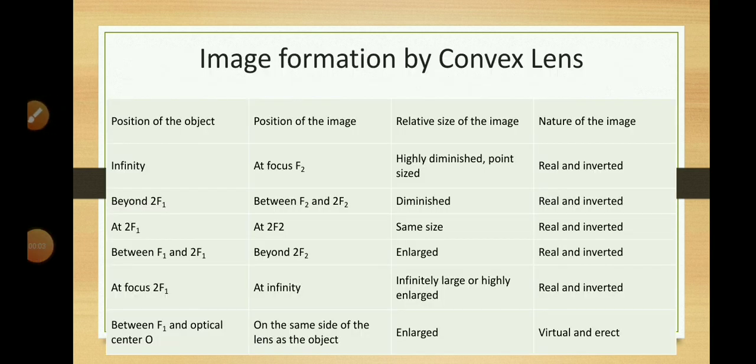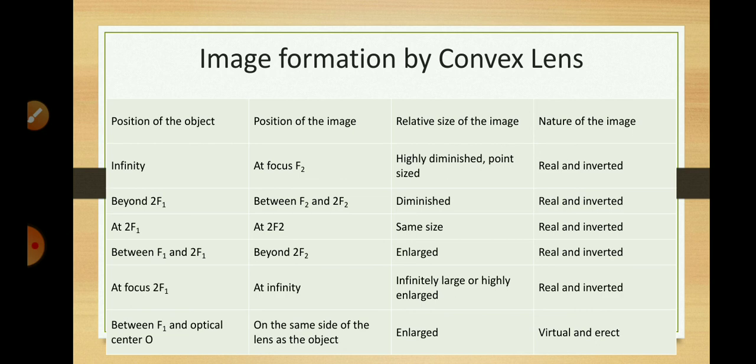Now we will discuss image formation by convex lens. See, in this table we are getting an idea about the position, relative size and nature of the image formed by a convex lens for various positions of the object. According to where the object is kept in front of the lens, the position, nature and size of the image will be there.